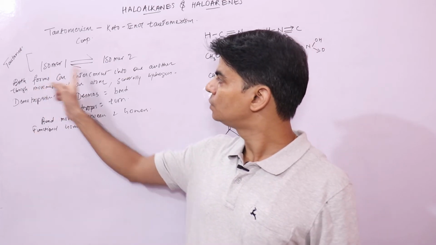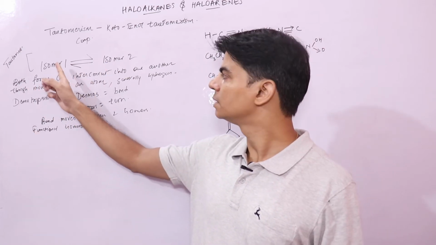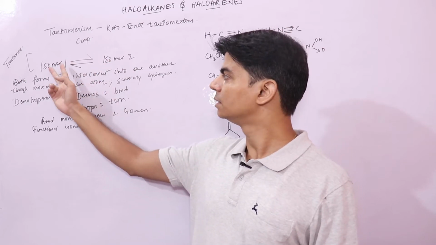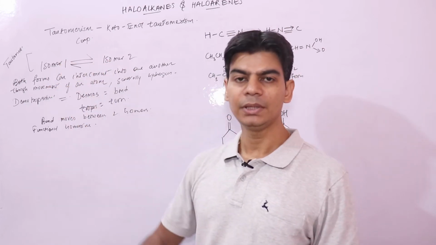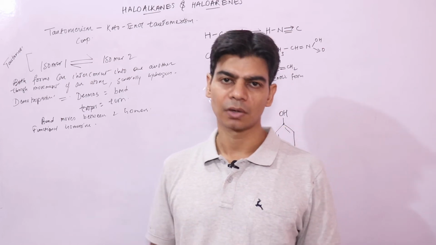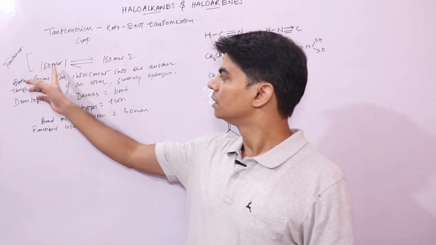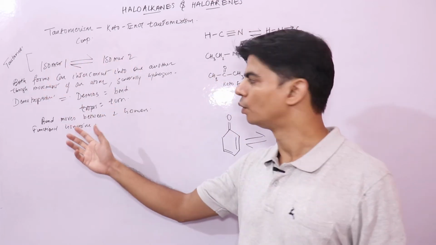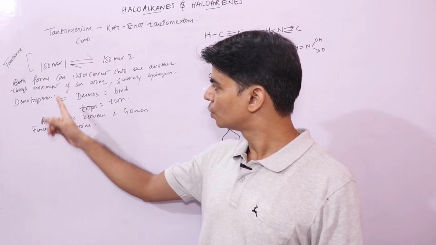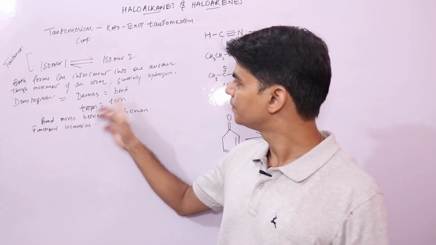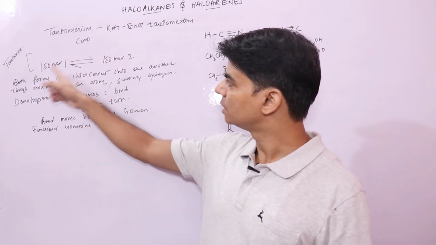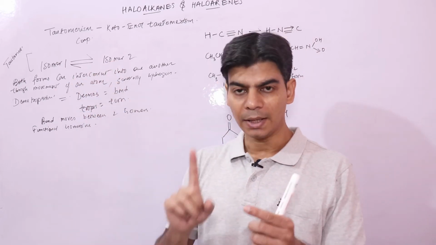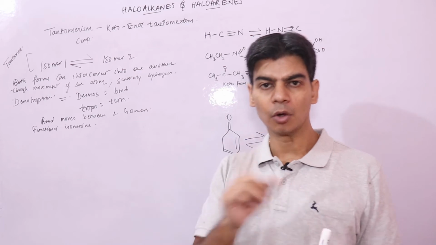Now these two forms can readily interconvert into one another, and this interconversion can be catalyzed by an acid or a base, and they can readily convert into one another on their own. The two forms interconvert due to a moving atom. An atom moves within the molecule.